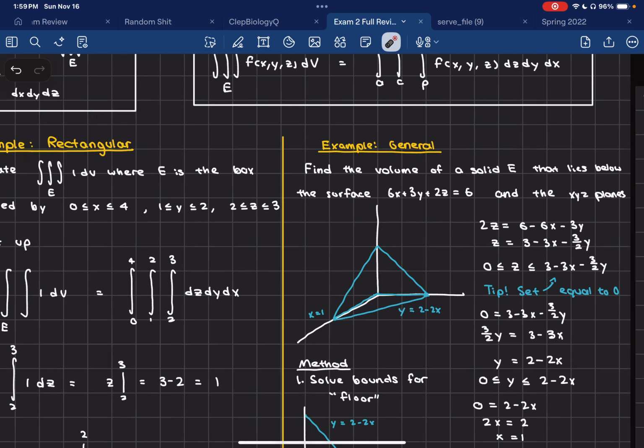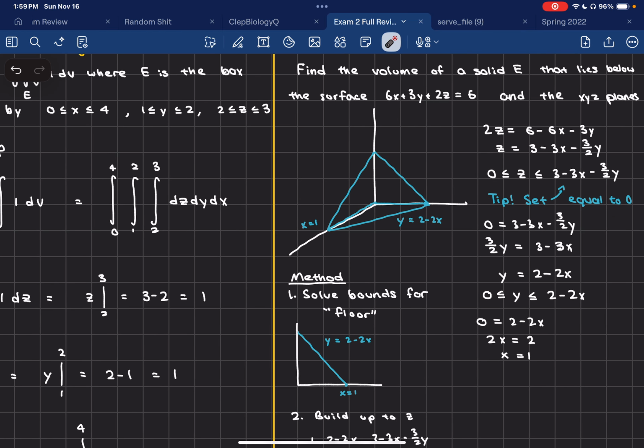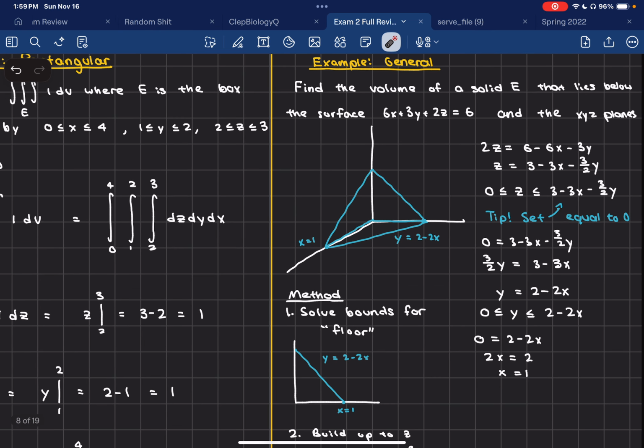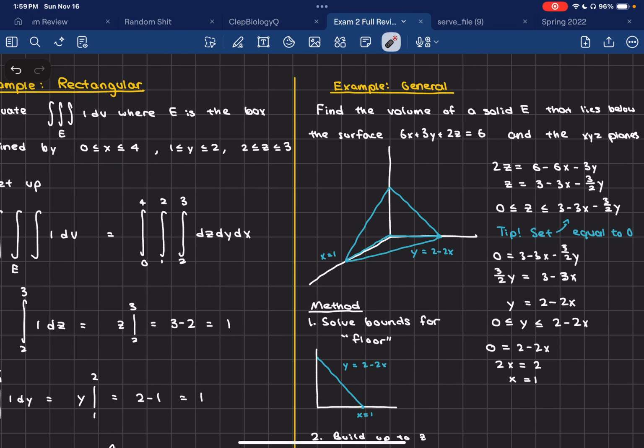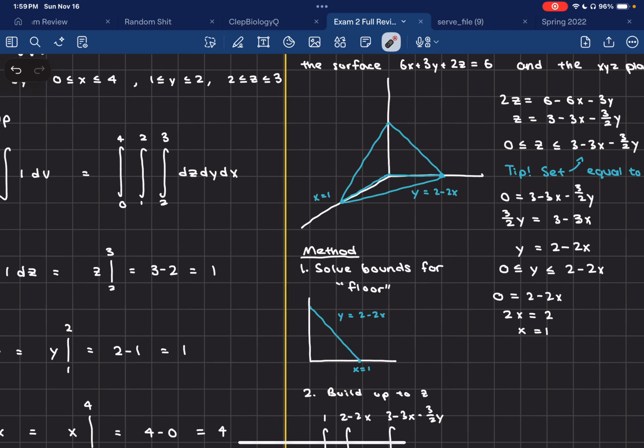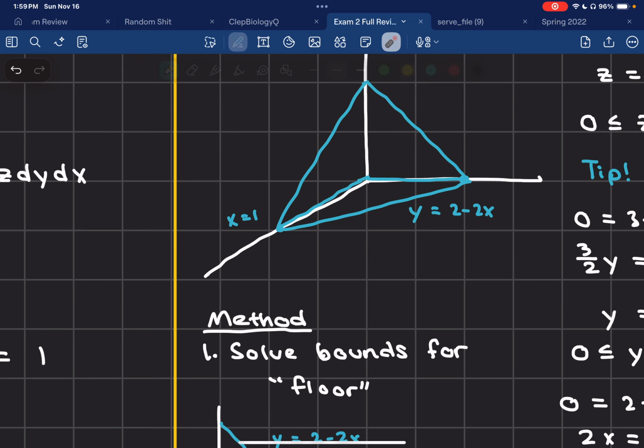Okay, so what I would first do, in order to find your bounds, is I would have z equal, and I would find my bounds like this. So you solve the bounds for a floor. So in this case, this would be your floor. This area right here.